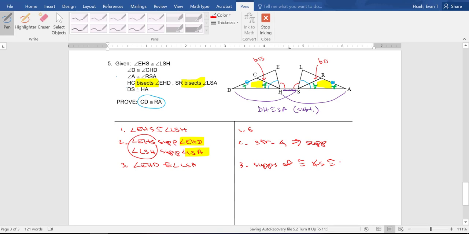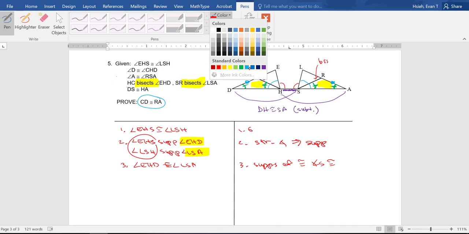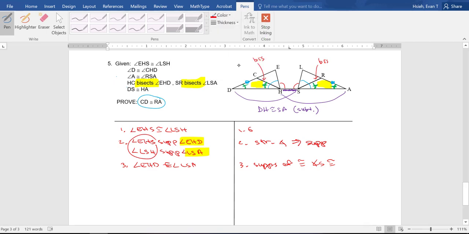Next thing is that I can do the green angles. So I know that this is true here in step 4, that's just given.